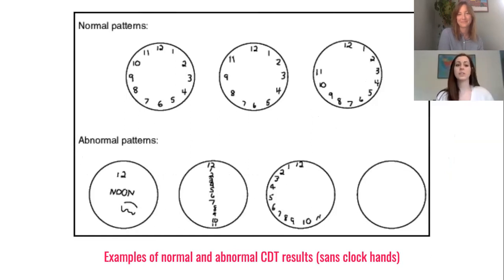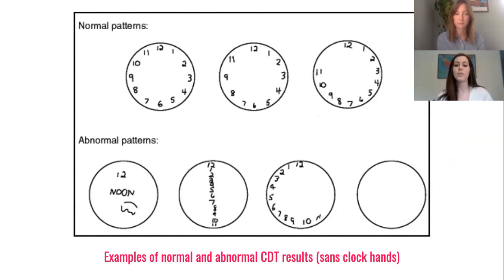So this is a really neat image that I found, and I wasn't really able to find exactly what each of the abnormal patterns meant, but I think we can do some guesstimating. The top are all examples of normal patterns. So you can see even if the numbers don't fully complete the circle, it's still considered normal. But then on the bottom, you can see really significant errors.